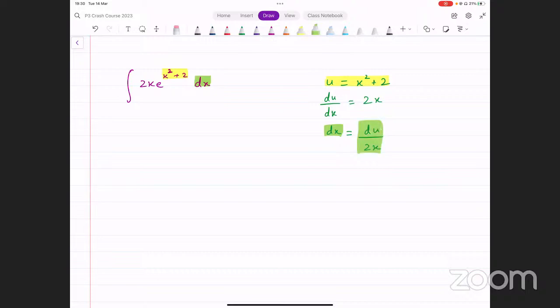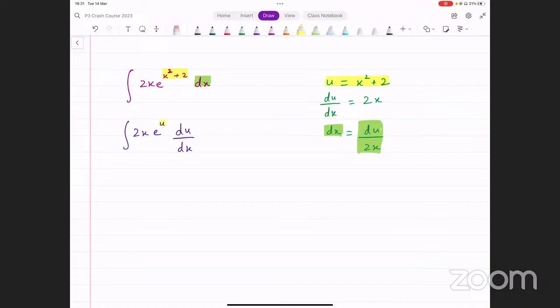Now, let's do the substitution and see what we get from that. 2x remains as it is. We're not going to do anything with that for now. e raised to power x squared plus 2 gets replaced with u. So you have e raised to power u here. And then dx gets replaced with du over 2x.